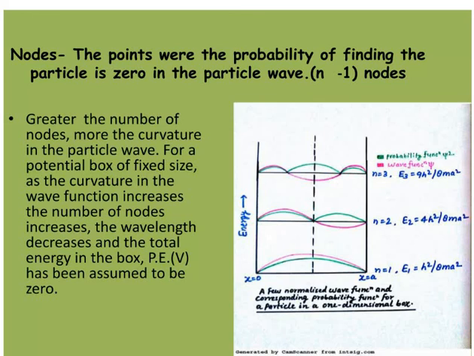So the greater the number of nodes, the more the curvature in the particle wave. For a potential box of fixed size, as the curvature in the wave function increases, the number of nodes increases, the wavelength decreases, and the total energy in the box increases, where potential energy has been assumed to be 0.